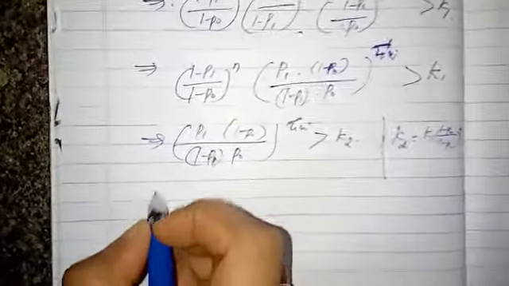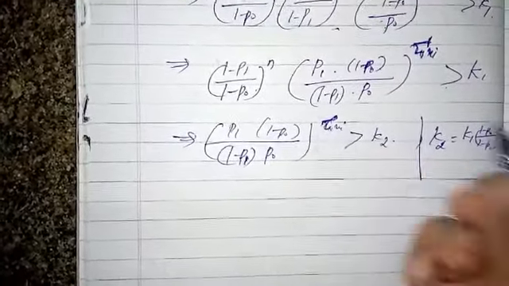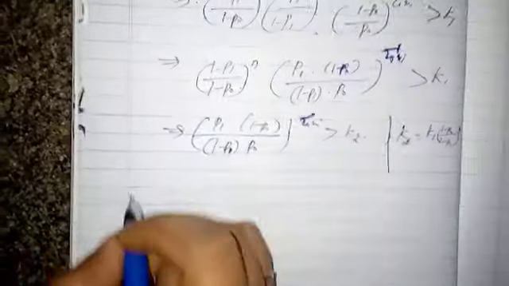Then here we need to find out whether summation log xi is greater than k or less than k, right? So we can take a log on both sides.